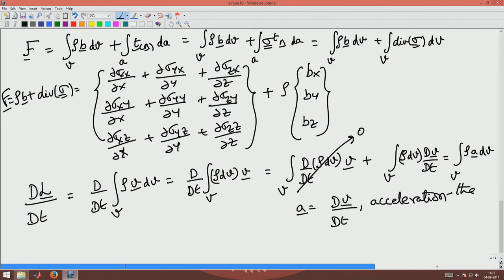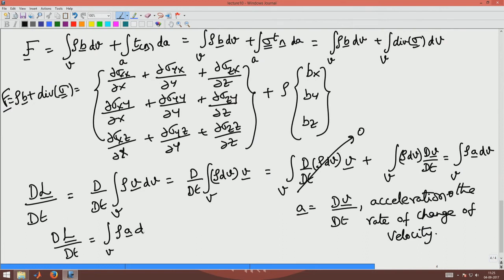So, you are left with this equation, which is integral over V of rho a dV, where a is the rate of change of velocity, which is nothing but acceleration. Okay. So, dL by dt now becomes integral over V of rho a dV. Okay.